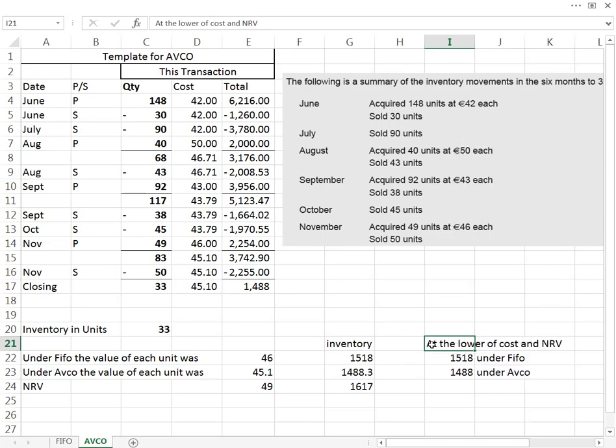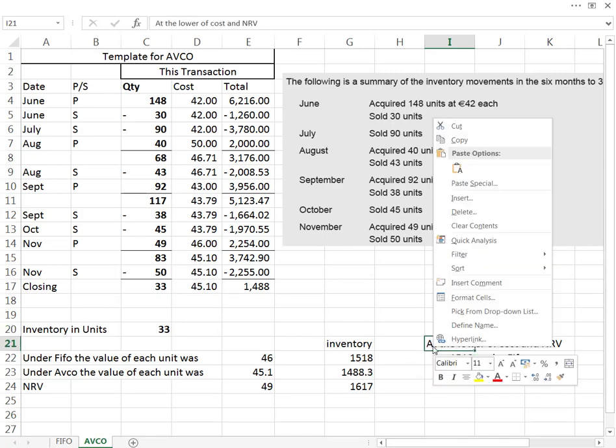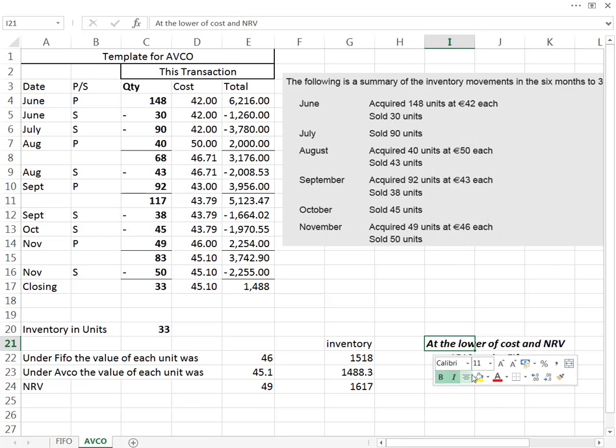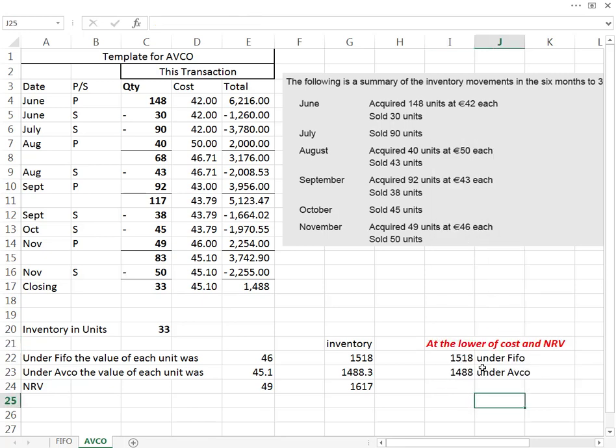And if you're looking at the lower of those, then in this circumstance, because each unit is worth lower than 49, you would use the inventory valuation for FIFO, not NRV, or you would use the valuation for AVCO, not NRV. Okay, so that wraps up that question.